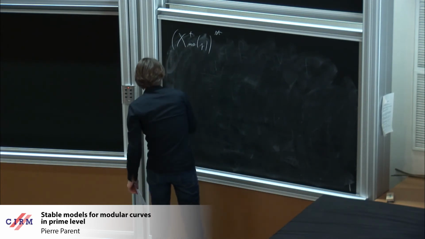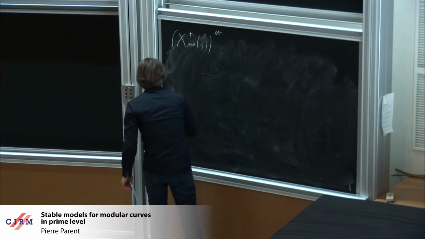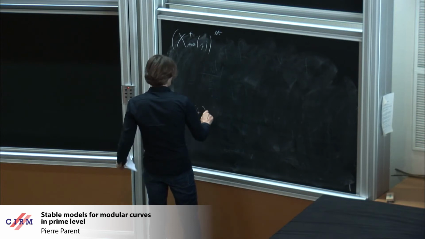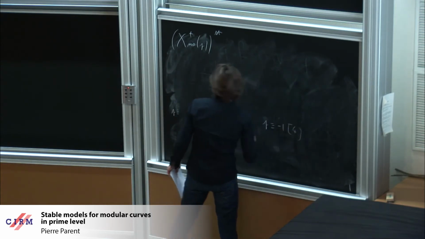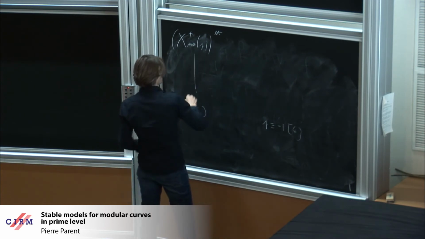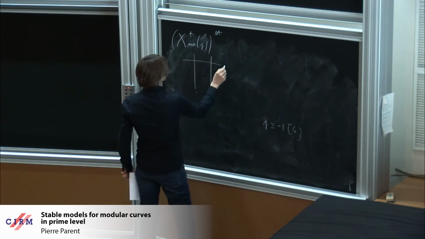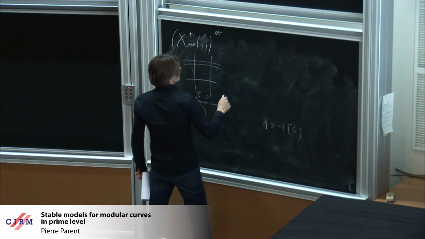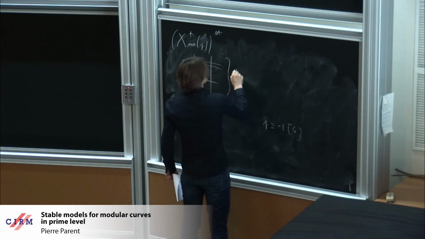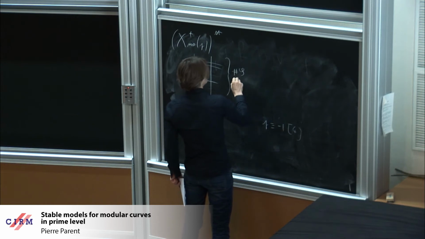So again, there is a dichotomy. Either P is 1 mod 4, is it? Yeah, it's the correct order. Or P is minus 1 mod 4. And in that case, we have two vertical components only. Again, we have Igusa curves, or quotients of Igusa curves. The same number of horizontal components.